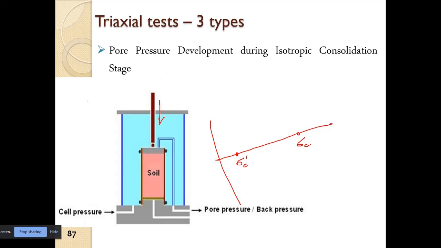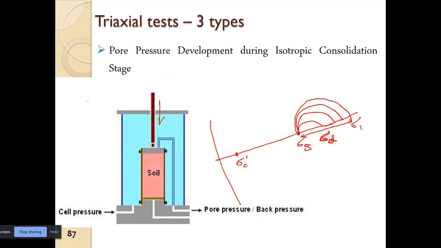When we start increasing the deviatoric load, more circles get developed. And this diameter will be the deviatoric load or the deviatoric stress. So this is sigma 3 here, and this is sigma 1.